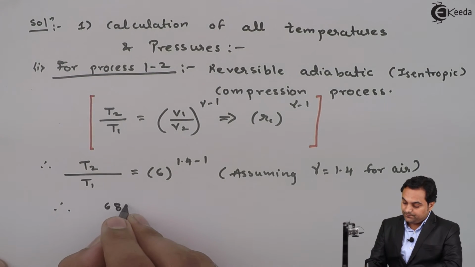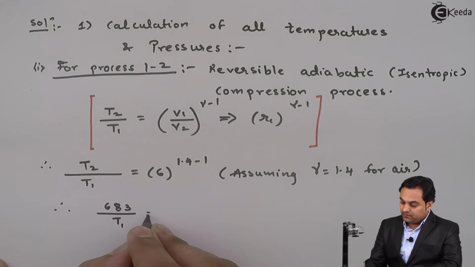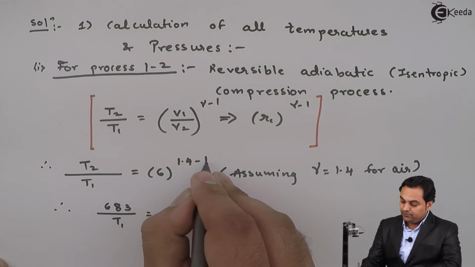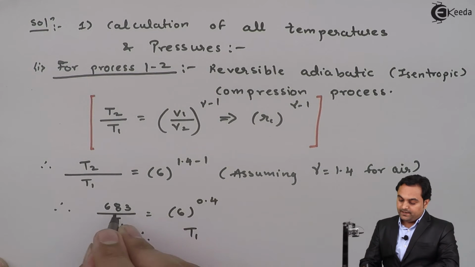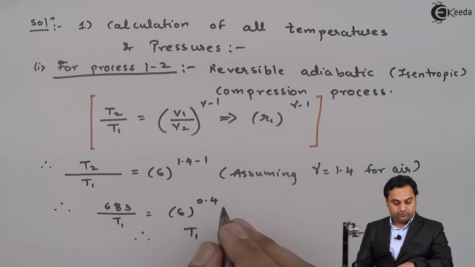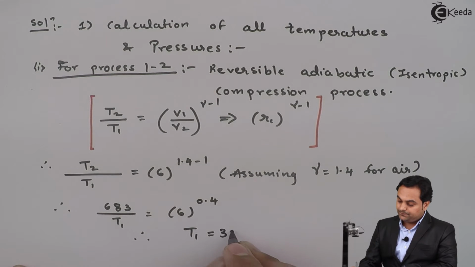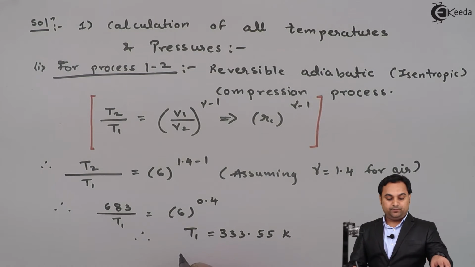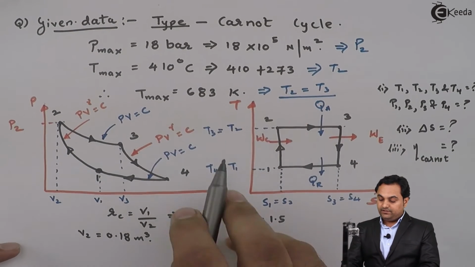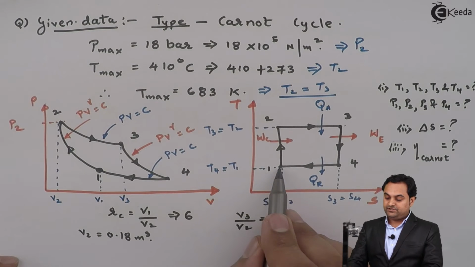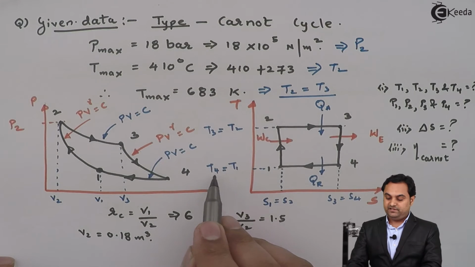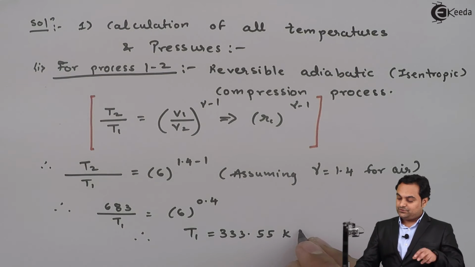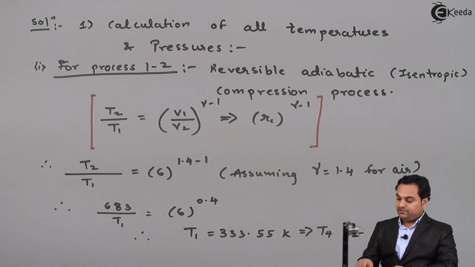So 683 upon T1 is equal to 6 raised to 1.4 minus 1, that is 0.4. Now if I send T1 to the other side and divide 683 by 6 raised to 0.4, my answer is 333.55 Kelvin, and that is the value of temperature at point 1. Now when I look at the TS diagram, I can understand that the temperature at point 1 and the temperature at point 4 are both the same. So once I know T1, I can say it is equal to T4. So T1 is equal to T4, and this will be the first answer for us.